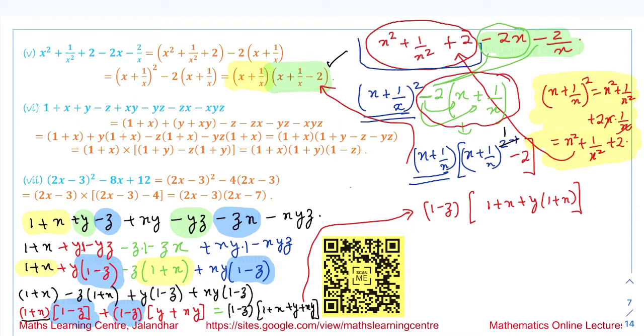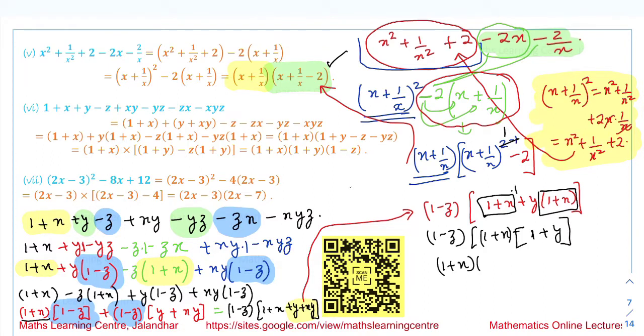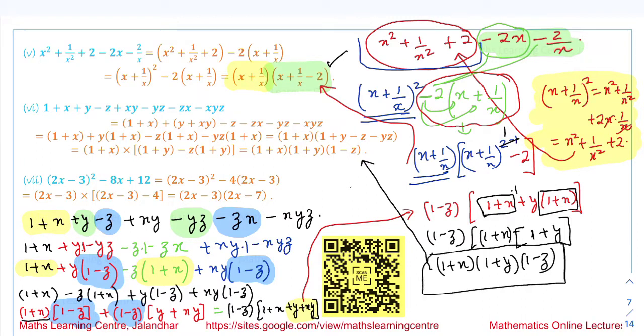From the second term it is y plus x into y, so we are writing it in this form. So it is 1 minus z into 1 plus x common, and what we are left with is 1 plus x is 1, so 1 plus y we get. So the final answer we get is 1 plus x into 1 plus y into 1 minus z. So this is the answer we obtained if we group the terms like this.